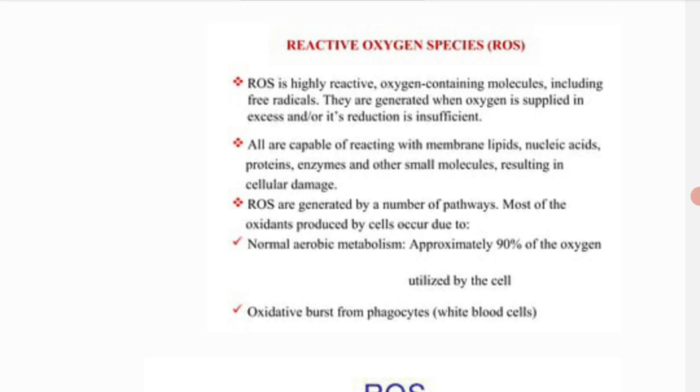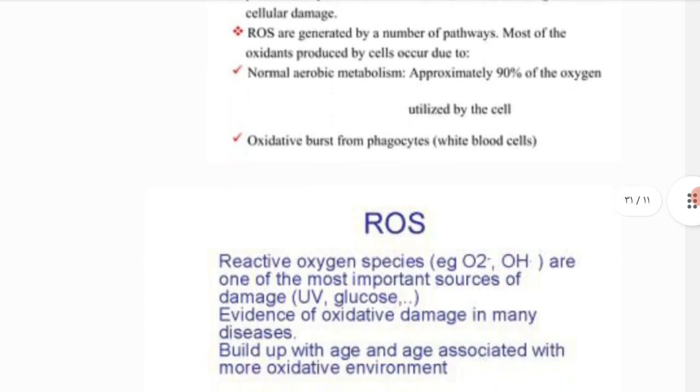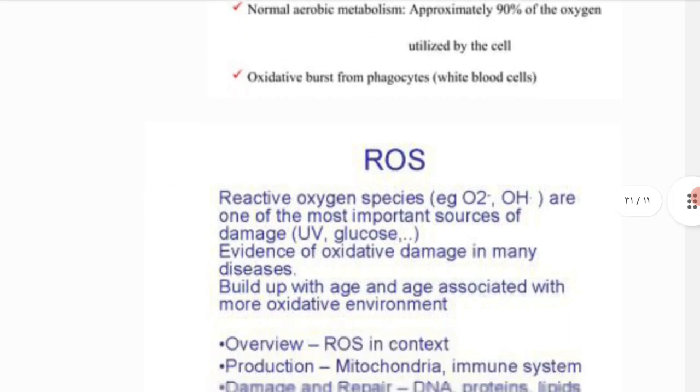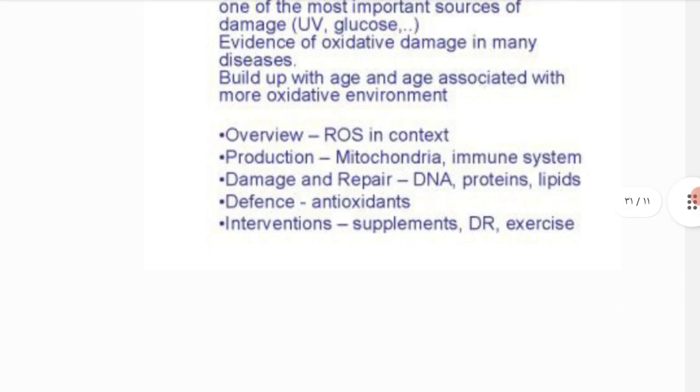Most of the oxidants produced by cells occur due to normal aerobic metabolism. They burst from phagocytes, white blood cells. ROS are one of the most important sources of damage. Evidence of oxidative damage in many diseases builds up with age, and aging is associated with a more oxidative environment.